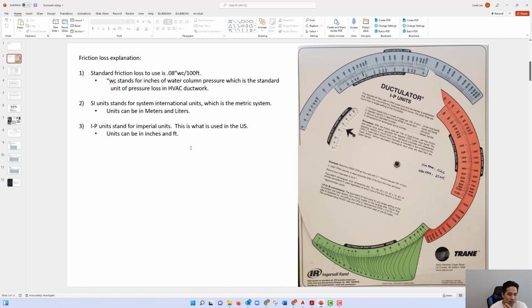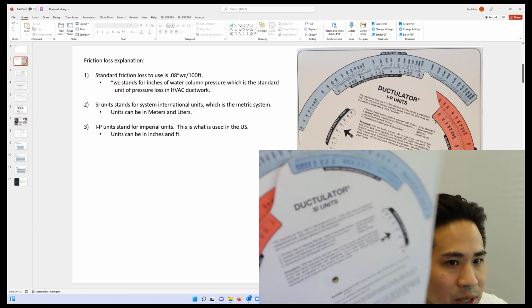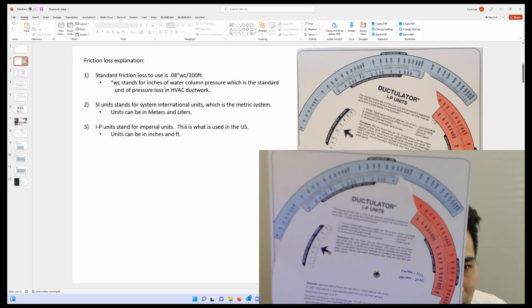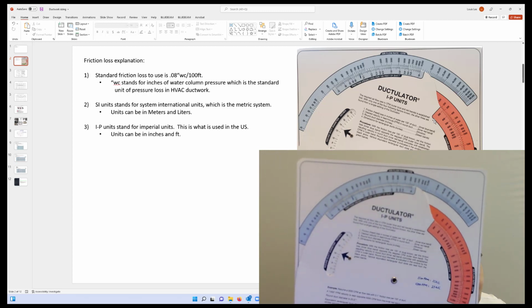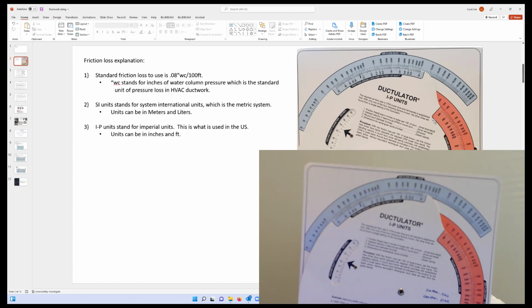These are the units that are used in the US, so we need to follow that for this company. Because of that, I use the IP units here for the ductilator, although they also have the SI units for the ductilator as well. So if you look here, this is the ductilator, and on the other side you'll see the SI units, but for our company and in the US what we use is the IP units. So I'm going to demonstrate everything using this side.